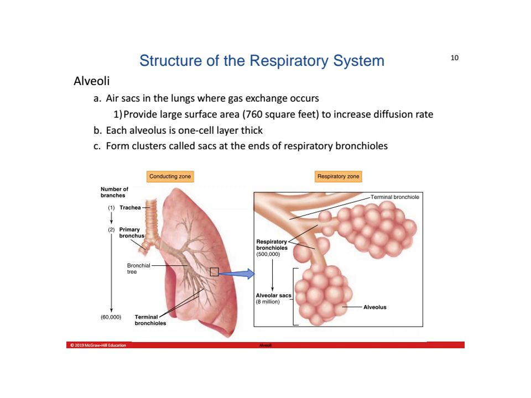And the alveoli form clusters called sacs at the ends of respiratory bronchioles. So, for example, if we zoom in on a little section of the lung, we can see a terminal bronchiole, which then divides into respiratory bronchioles. We can identify these bronchioles as being respiratory because they have the occasional alveolus attached to their walls.